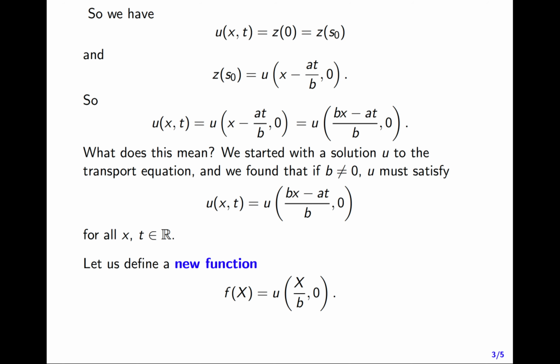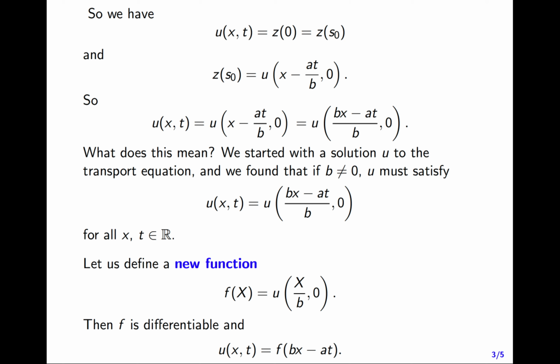So let's define now a new function. I'm given a solution to the transport equation at the start, so let me write f(X) equals u(X over b, 0). Then f is a differentiable function of the variable capital X, because u is differentiable in its little x variable.